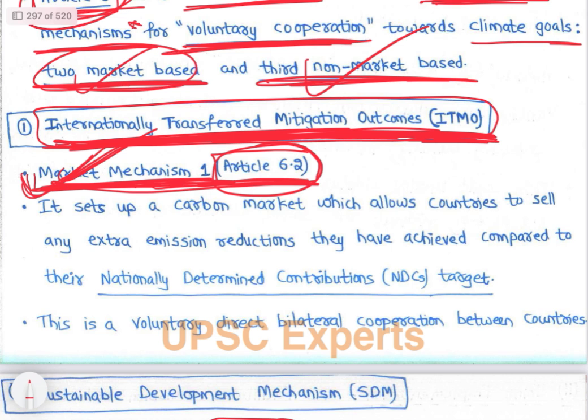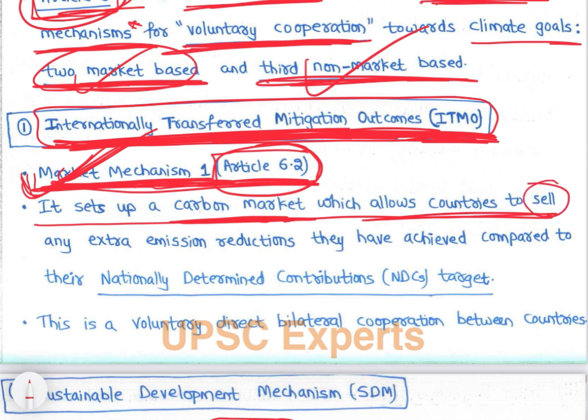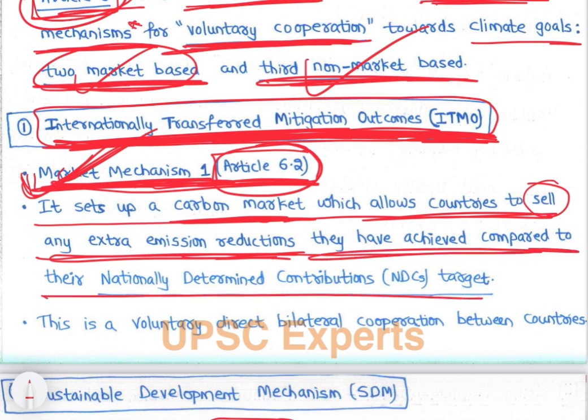It sets up a carbon market which allows countries to sell any extra emission reductions they have achieved compared to their nationally determined contribution targets. See, what is this? We will be studying in the Paris Agreement. Basically I will briefly explain it.